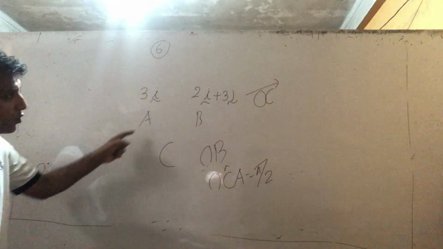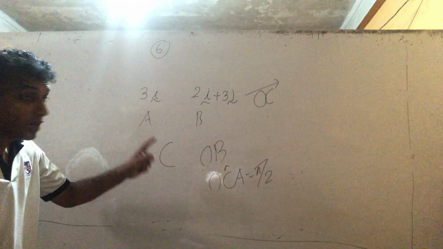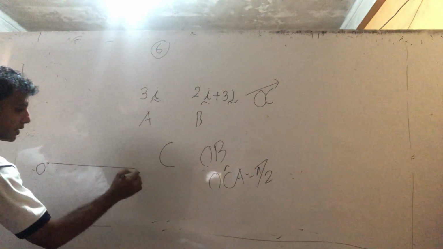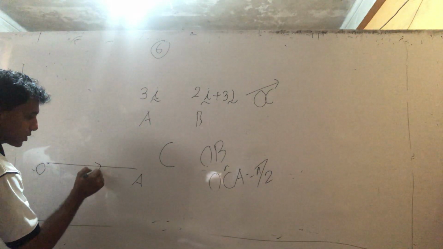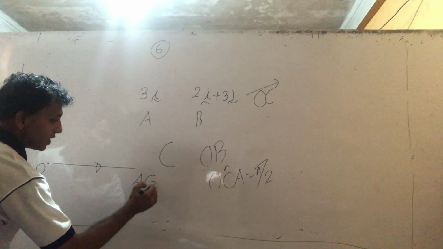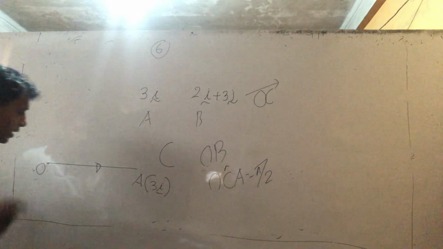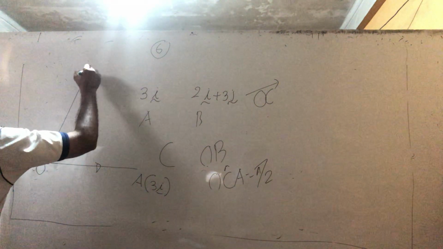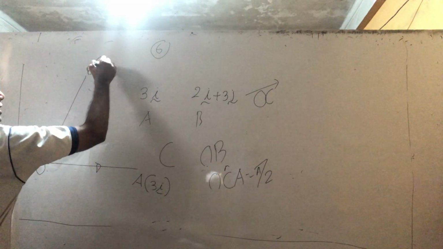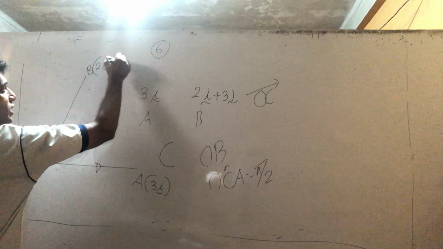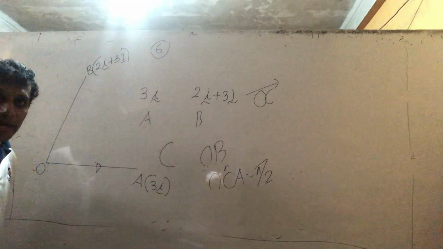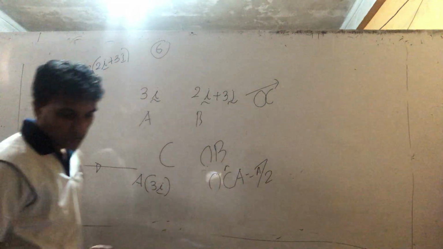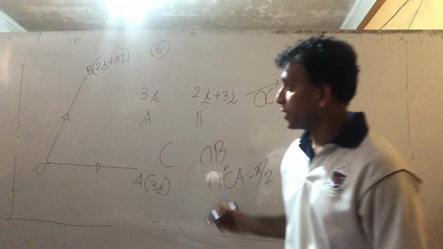So here they gave three points A, B and C. First they set the points A and B. We mark A somewhere here, with respect to origin the vector is 3i, and B is 2i plus 3j. Usual notations, A and B are given.